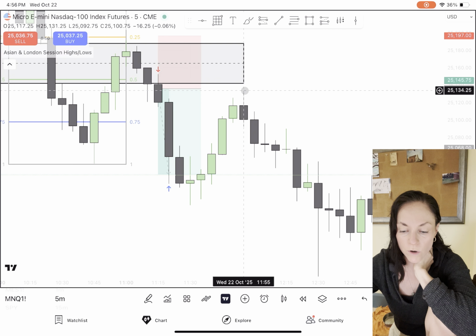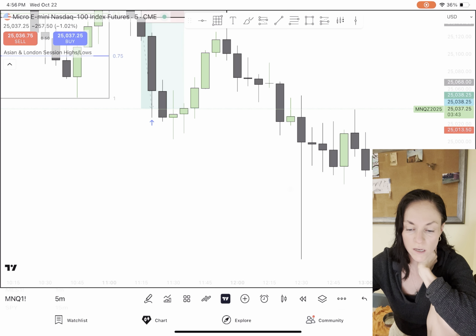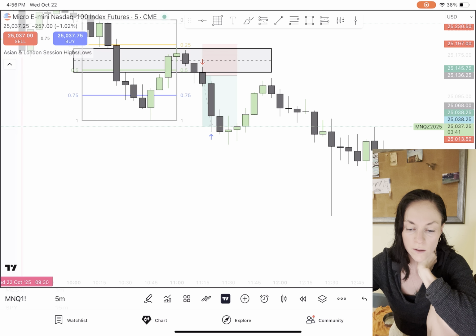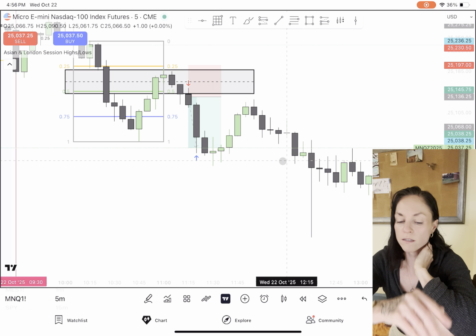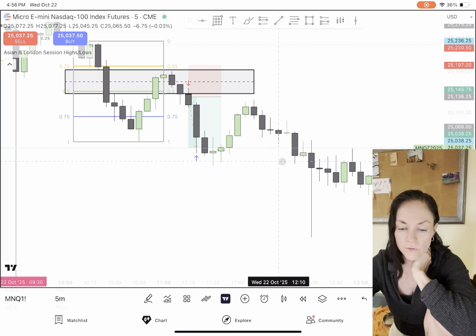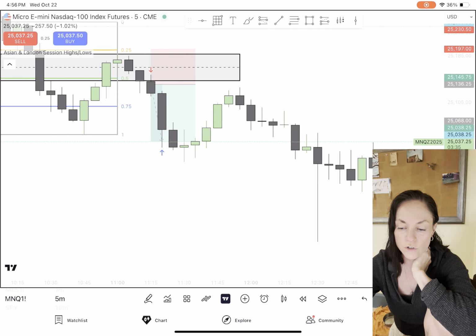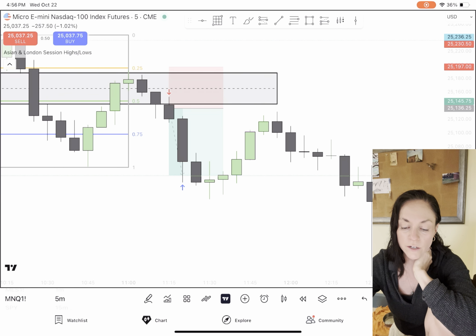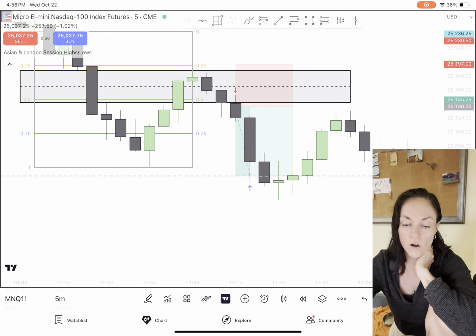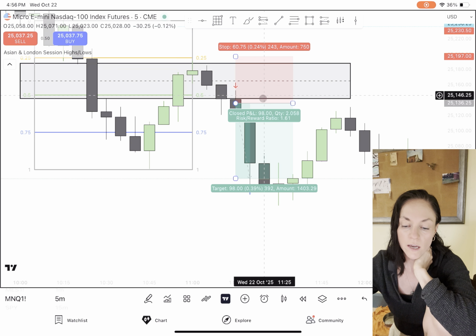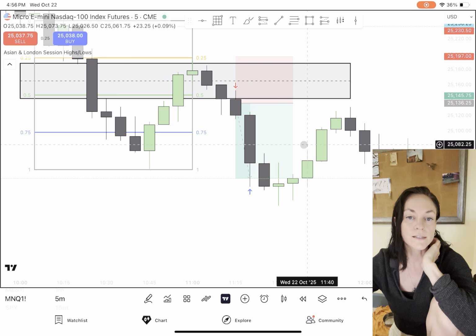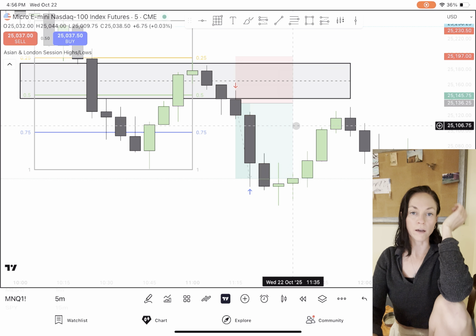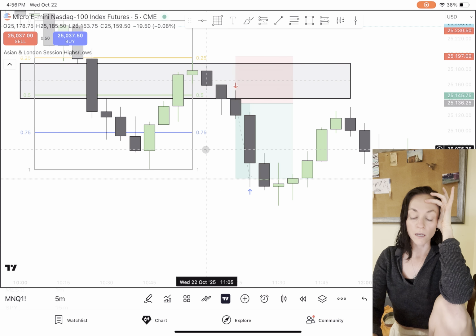And then, yeah, we would have ended up eventually making like way more. But that's not the kind of attitude that you should have. You just want to have clean, clear trades. And this was a clean, clear, high probability, high confidence trade that I entered. And it did exactly what was anticipated.